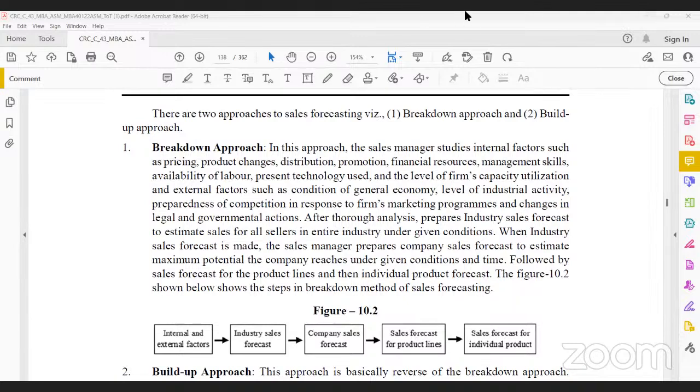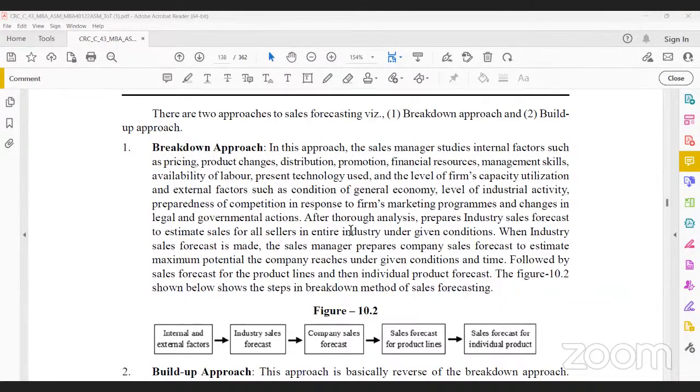External factors such as general economic conditions, level of distribution activity, preparedness of competition with respect to the firm's marketing programs, and changes in legal and governmental actions.